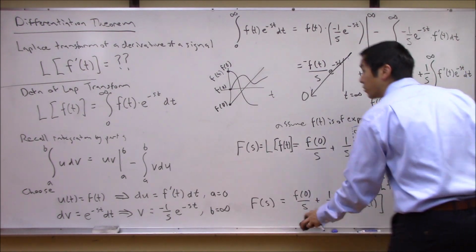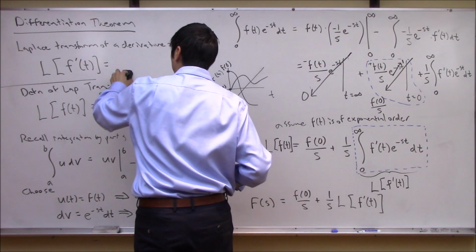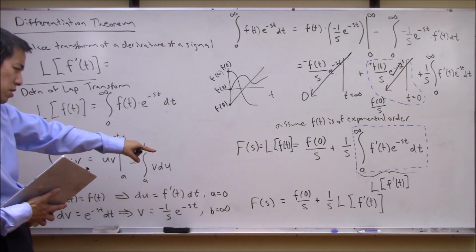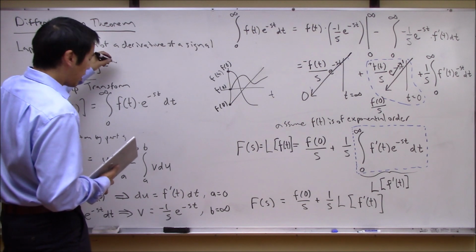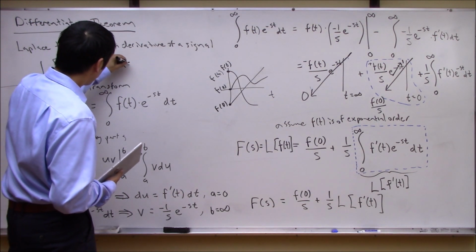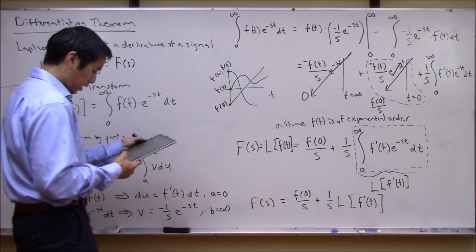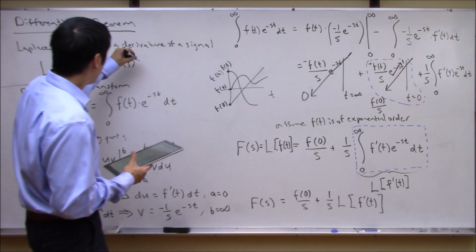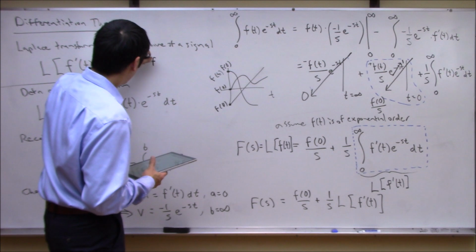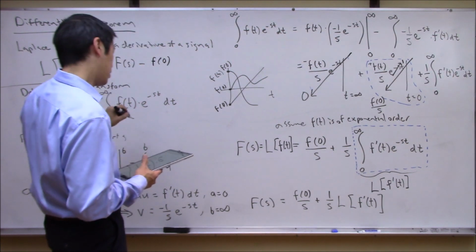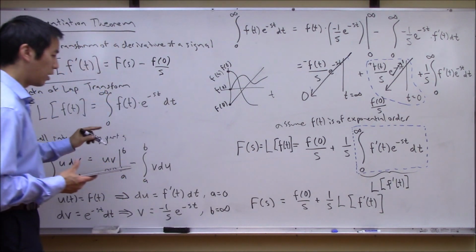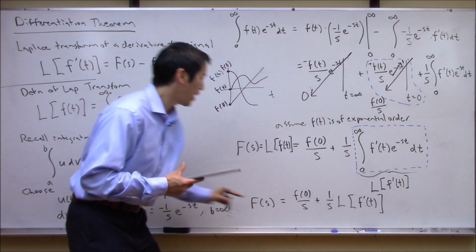So actually, why don't I do it over here? Let's just solve it. So what do we end up with? It is F of s, I guess I got to move here, minus f of 0 over s, and then I would have to multiply it by this s on the other side.